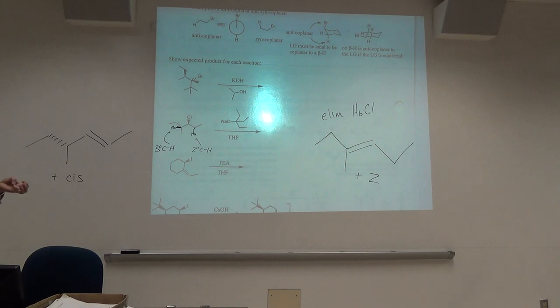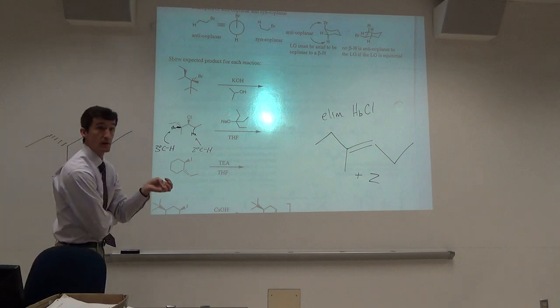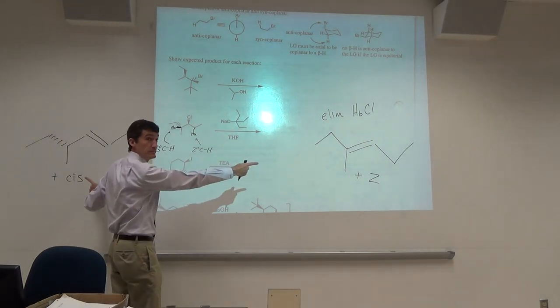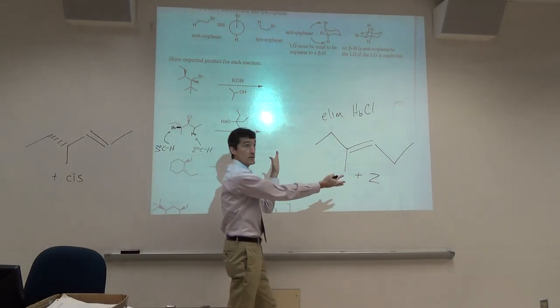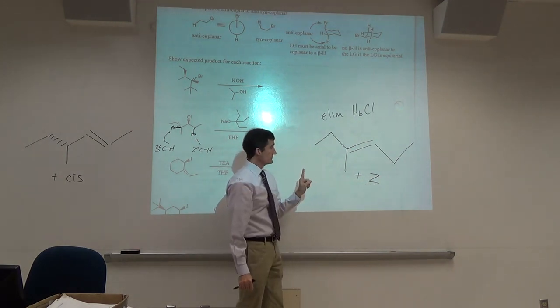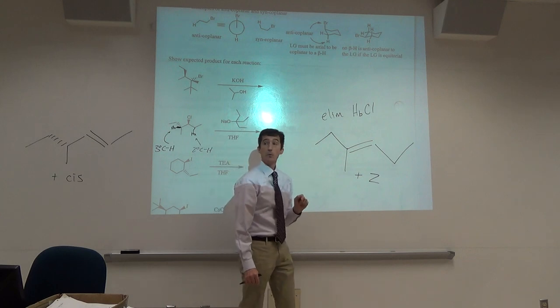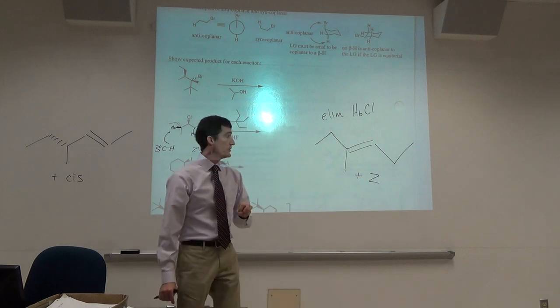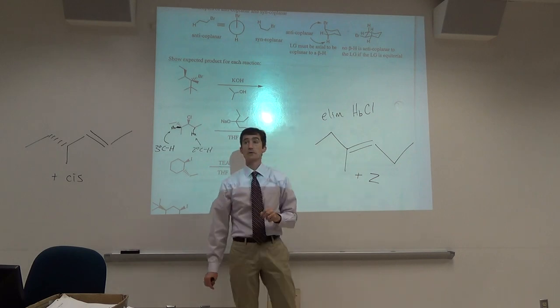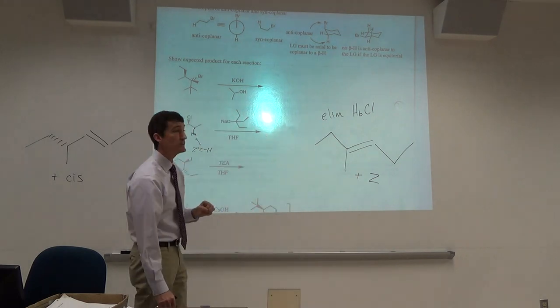Well, first off, what's the Zaitsev product? Thermodynamic, more substituted. Right there, I'm telling you which one we are doing. There you go. I just told you, I want this one. But which one are you going to show? E or Z? What do you have to know then? Do you automatically get the more stable one, E? No, you have a stereochemical requirement when you're doing an E2.